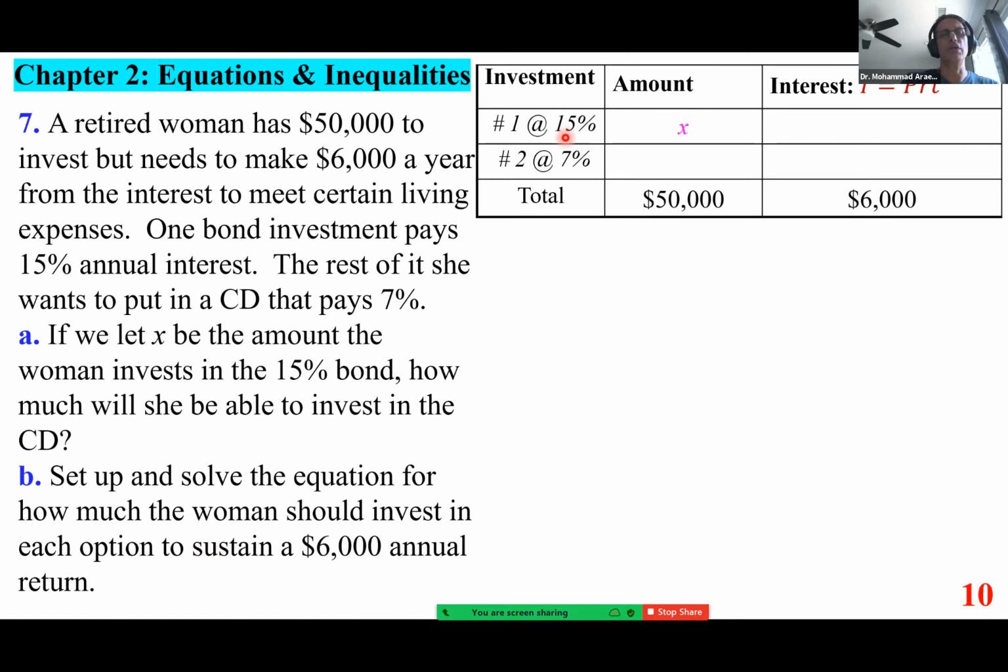First, we are going to look at the 15% and then the 7%. How much we're going to put in the 15% is X amount. Let X represent that.